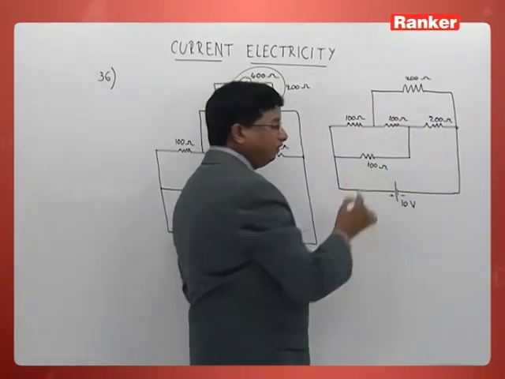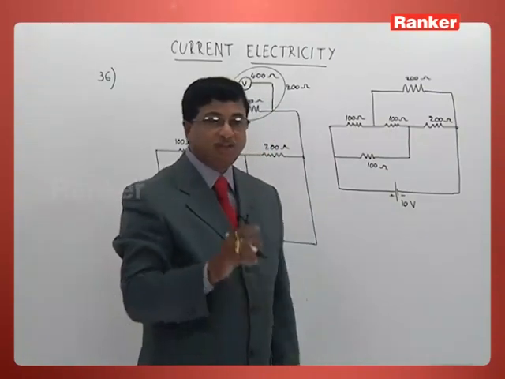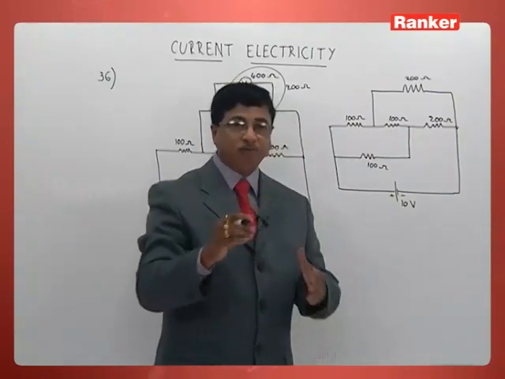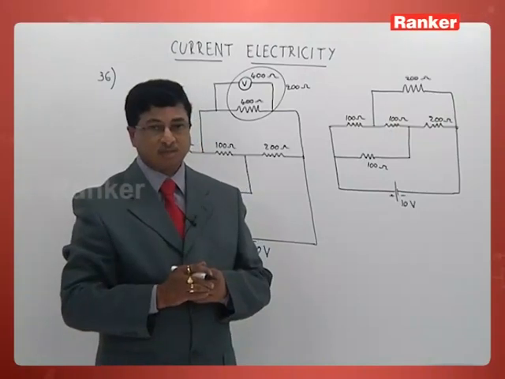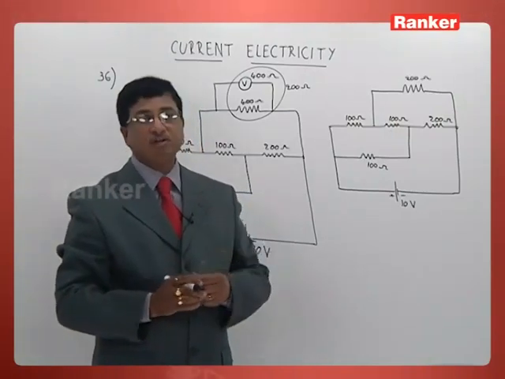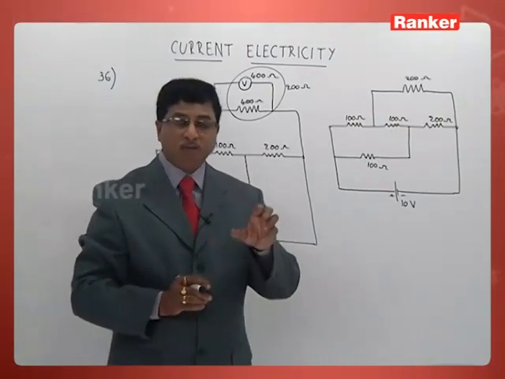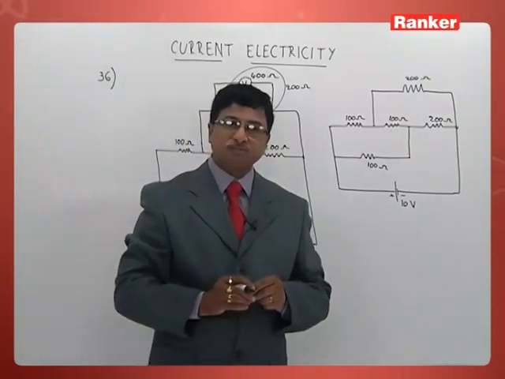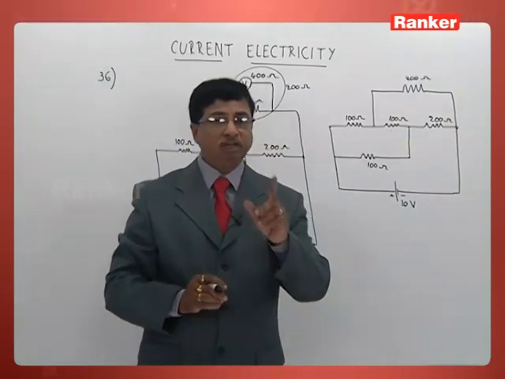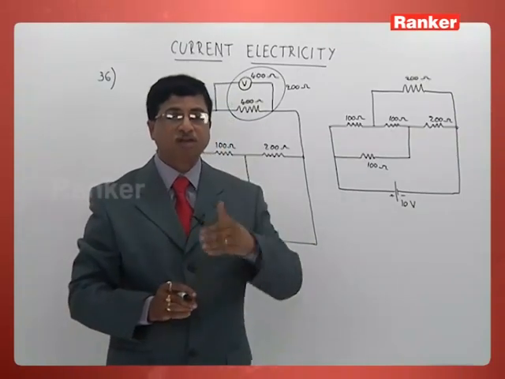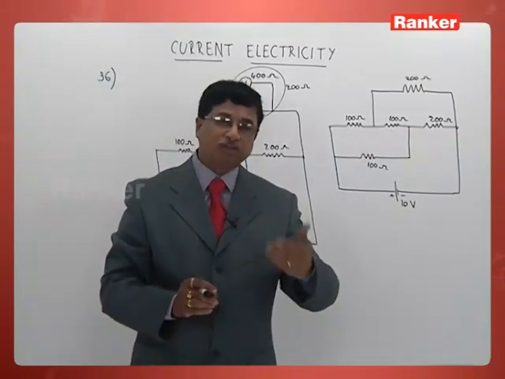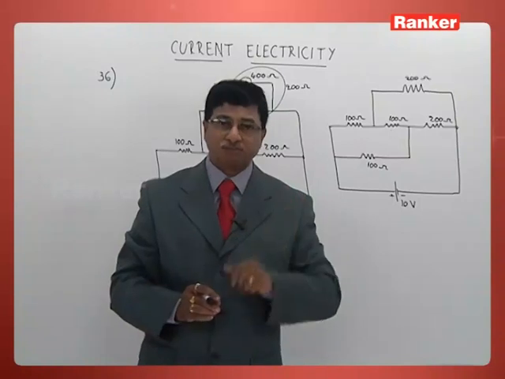And this resistance is in place of the galvanometer in a Wheatstone bridge. We know the balancing condition of a Wheatstone bridge: whenever the bridge is perfectly balanced, there will never be any current across the galvanometer. In fact, that is the condition for us to say that the bridge is balanced.